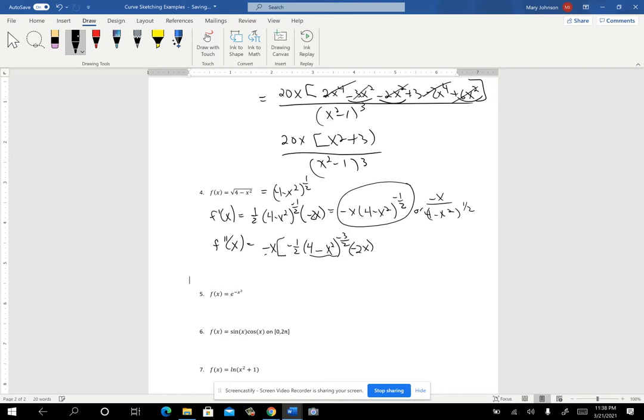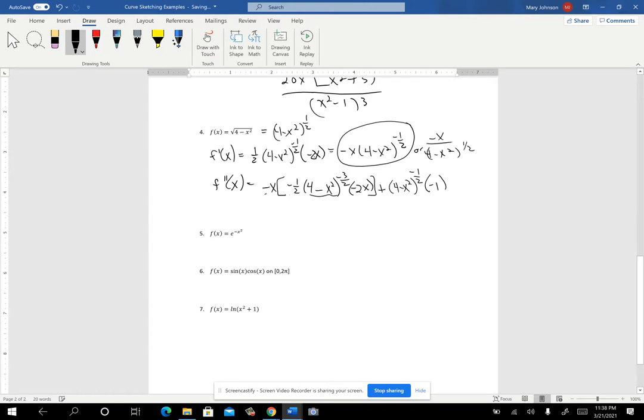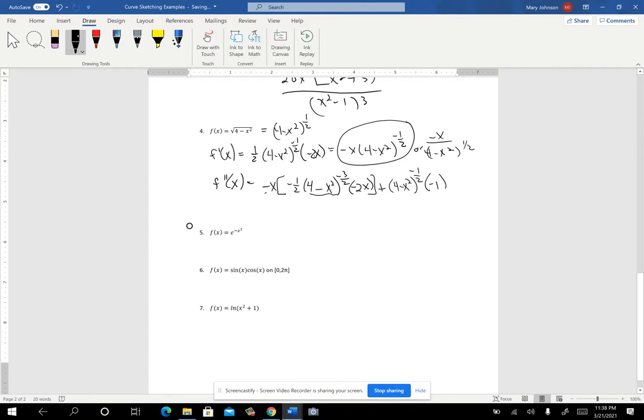So that's first times derivative of the second. And then I have to do plus second times the derivative of the first, which is negative 1. I'm going to slightly clean these up, and then we'll see if we can figure out what it turns into.